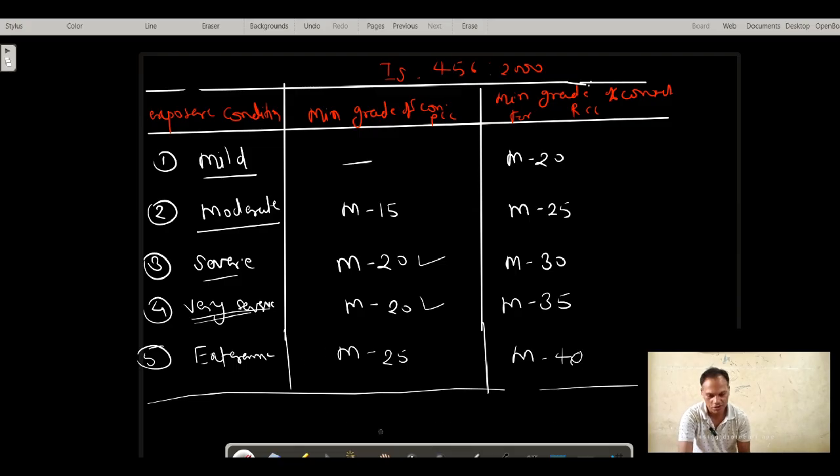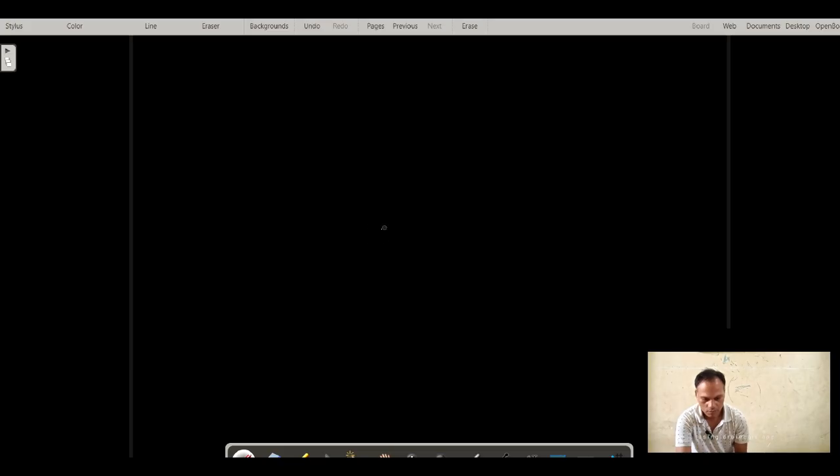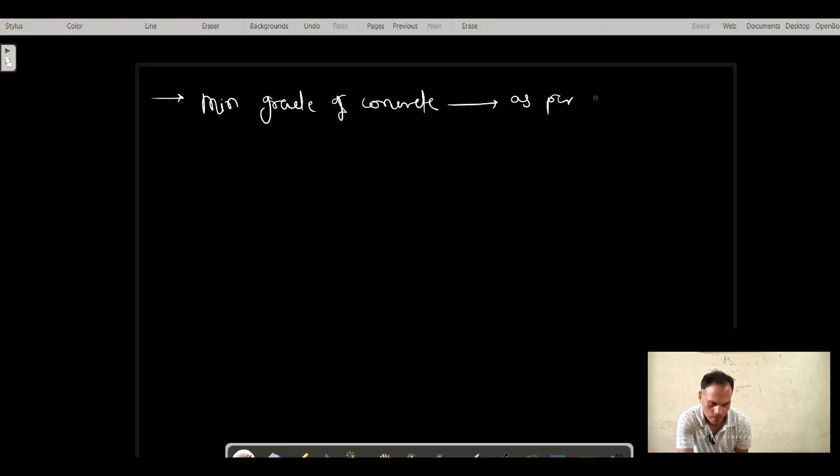Let me add another page. Here is an important point for you, the minimum grade of concrete as per IS 456:2000 for RCC and for PCC.